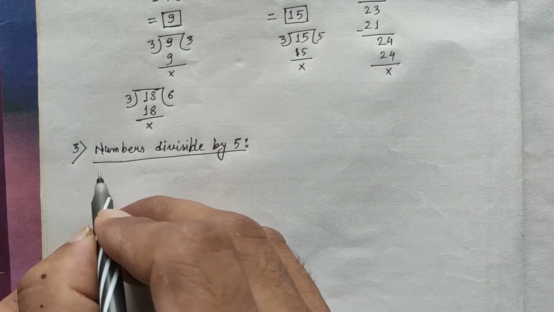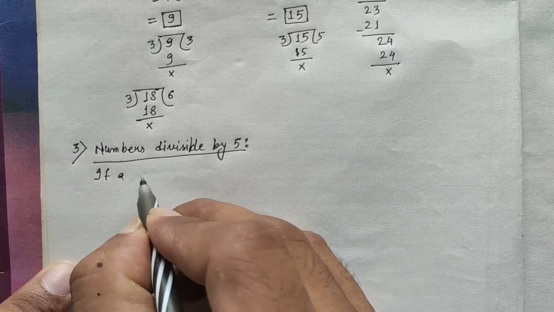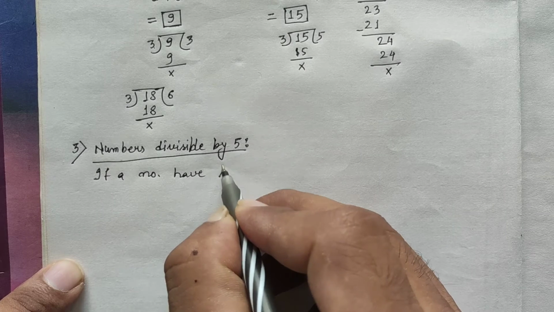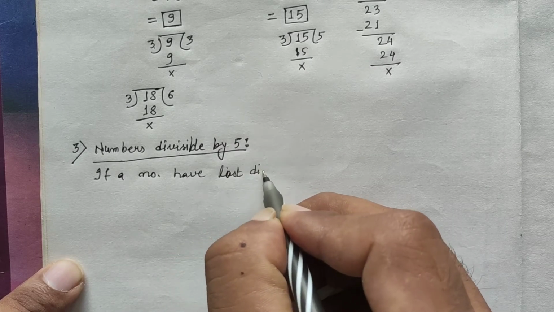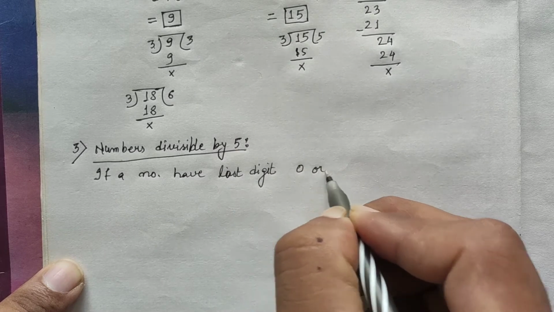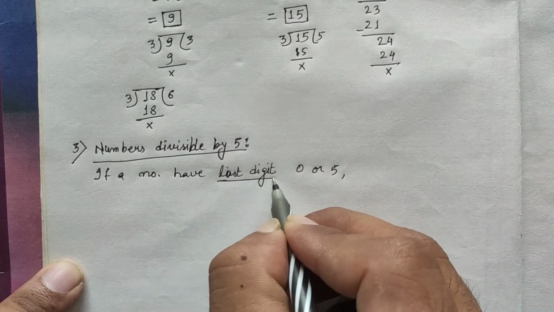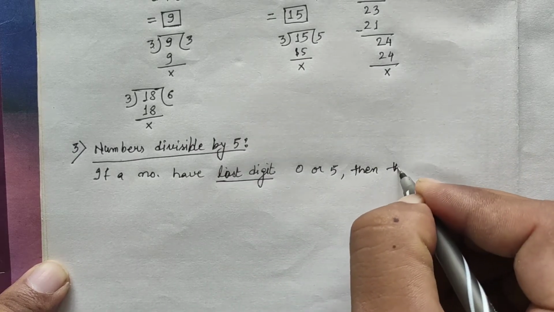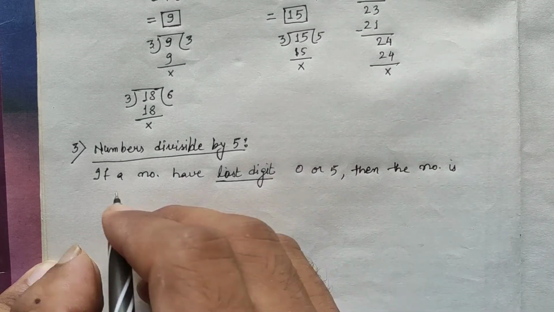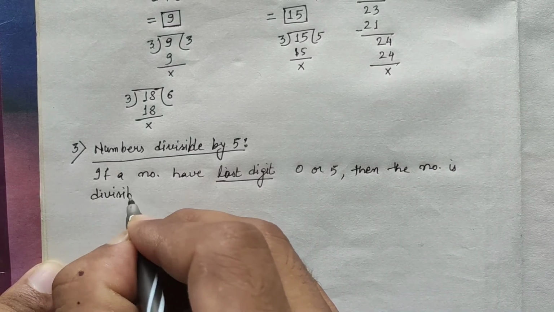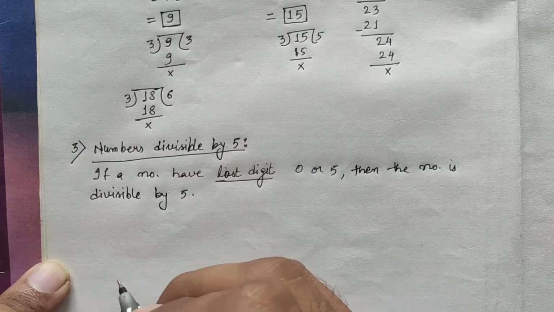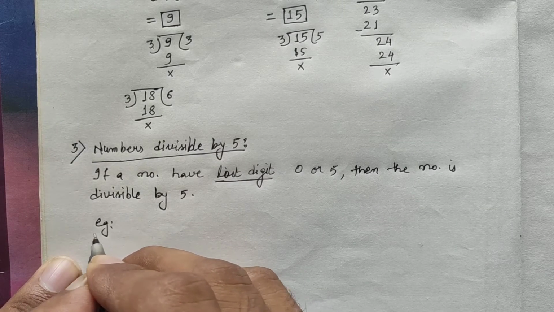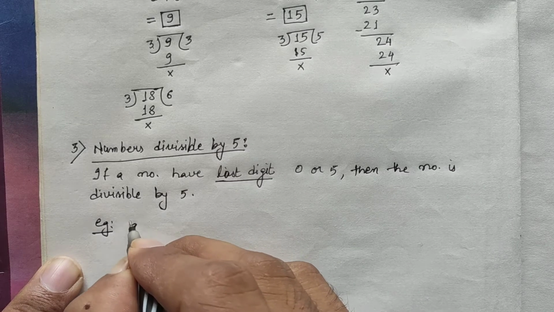If a number has last digit, or unit place digit, 0 or 5, then the number is divisible by 5. Understood?